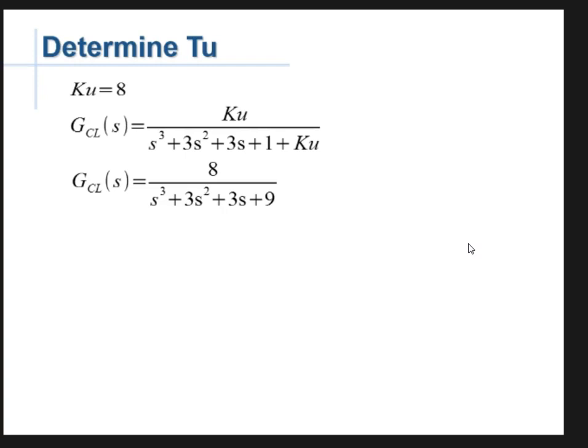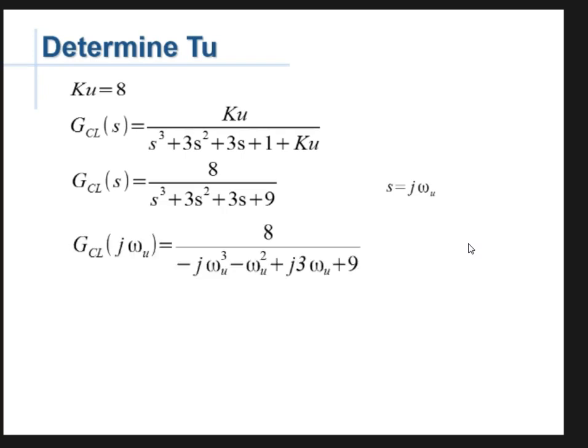And if I want to figure out the period, which is part of the question, I can make a substitution. I forgot to change j's to i's there. This is getting the frequency response, or looking at the frequency. We make the substitution s is equal to i omega, and substitute that into the denominator.